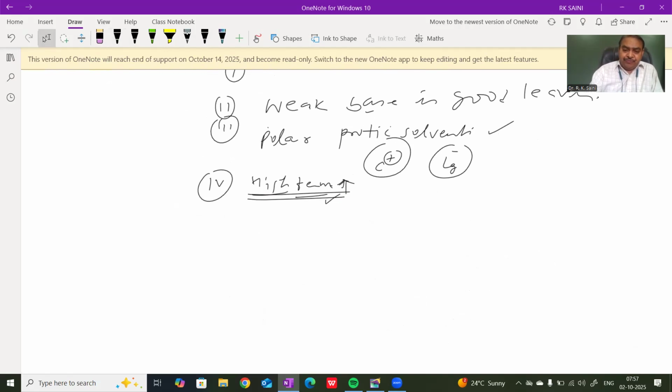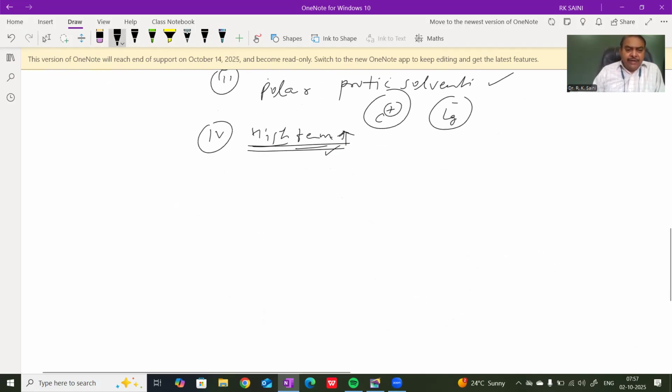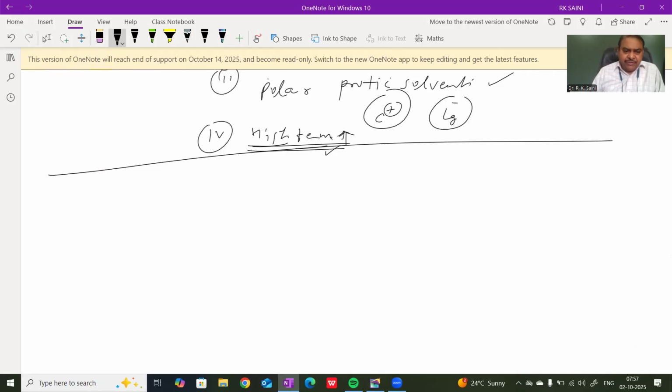For example, the order of elimination reaction of butyl bromides, particularly the rate of E1 for butyl bromides.